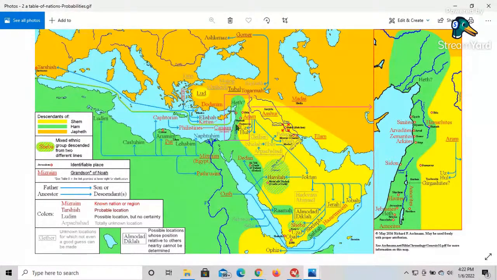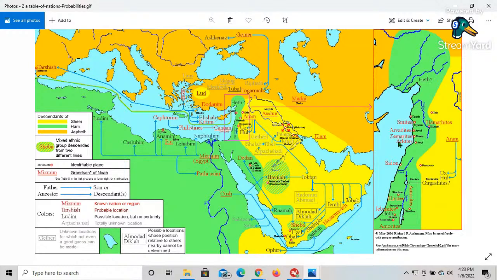And of course, this whole area was controlled by Egypt until the children of Israel left Egypt, and then Egypt lost control of this area. But the Canaanites were still in this area, which is a whole bunch of tribes of the Canaanites, which are over here.